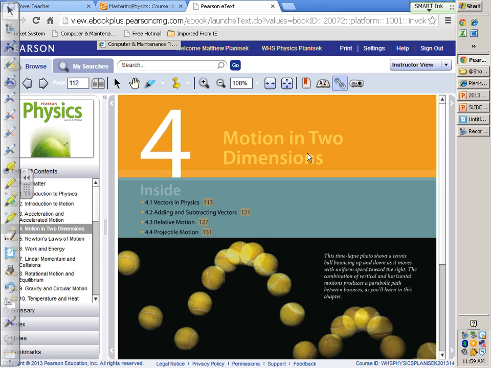Those concepts do not change when we move from 1 dimension into 2 dimensions. Acceleration is still acceleration. Velocity is still velocity. Displacement is still displacement. But how we express them in 2 dimensions and how we define them in 2 dimensions does need to be changed a little bit. Remember that everything that we've done up until this point has only been in 1 dimension.